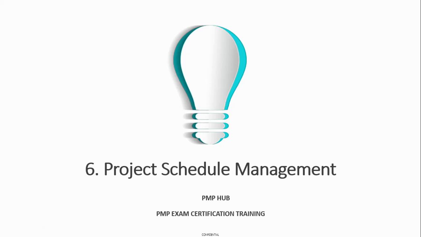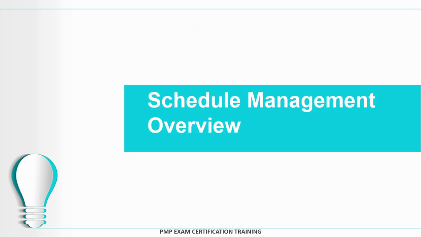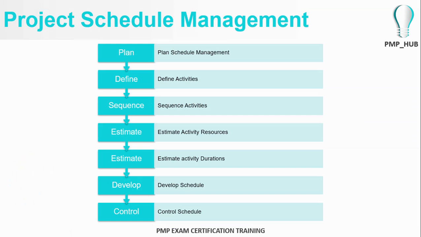So today we are going to cover the project schedule management process as indicated in the PMBOK. Let's look at the overview of the project schedule management. Project schedule management will contain several processes spanning from planning to control.